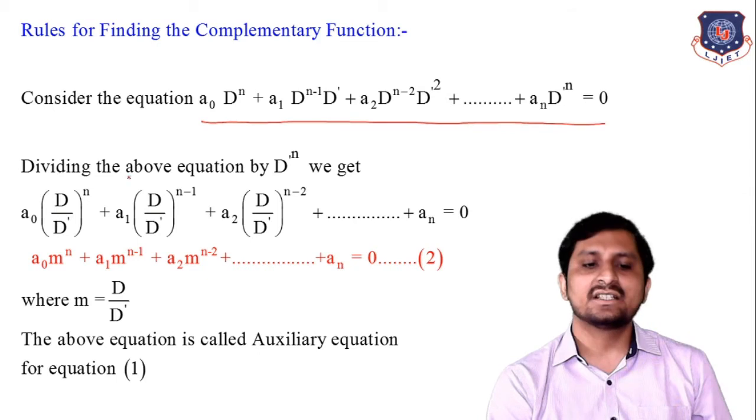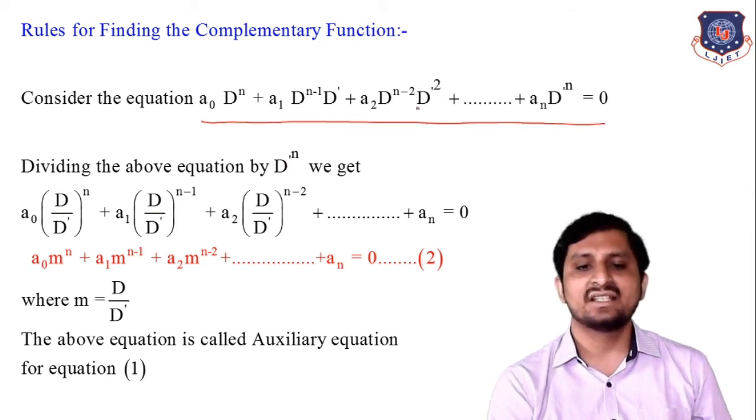Now dividing this equation by d dash raised to n, you can understand that when I divide, I will get a0 into D by d dash raised to n plus a1 into D by d dash.